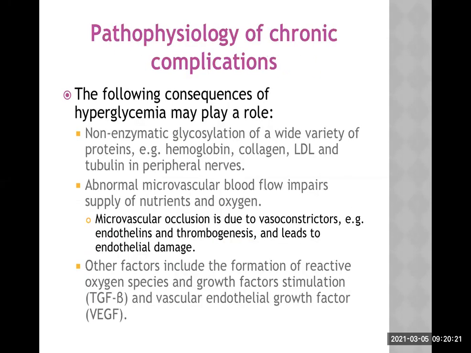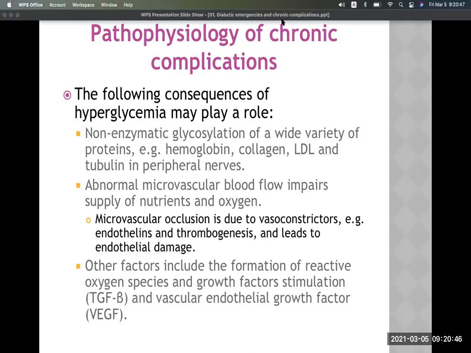Now, let's enter into another important part. What is the pathophysiology of this chronic complication? Why in diabetes these chronic complications are so common to occur? Why there is atherosclerosis? Why is there nephropathy, neuropathy, and retinopathy? Okay, so let's try to know something about that. See here.